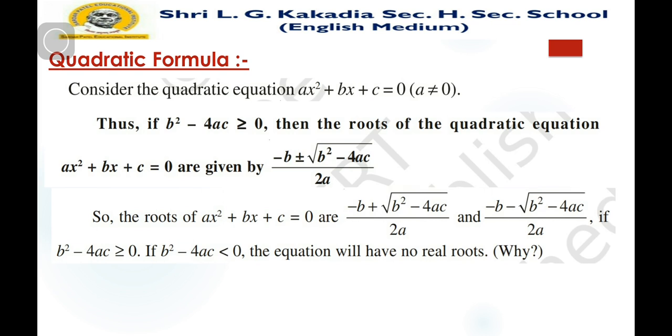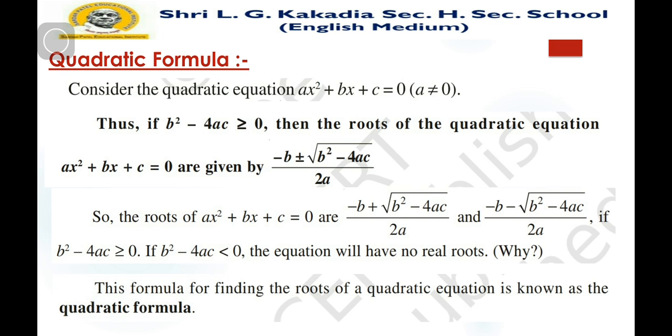If b square minus 4ac is less than 0, the equation will have no real roots, because we can't take the square root of any negative term. This formula for finding the roots of a quadratic equation is known as the quadratic formula. By this way we can find the roots, or the solution, of the given quadratic equation.